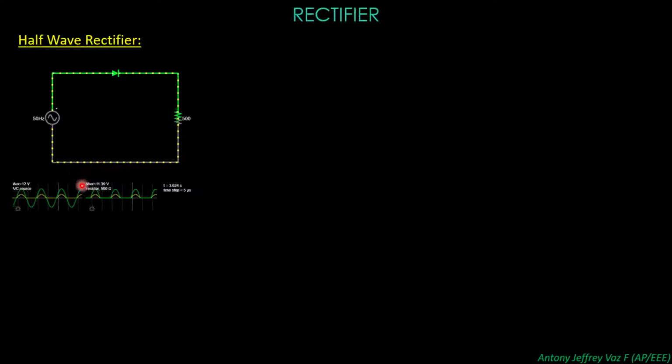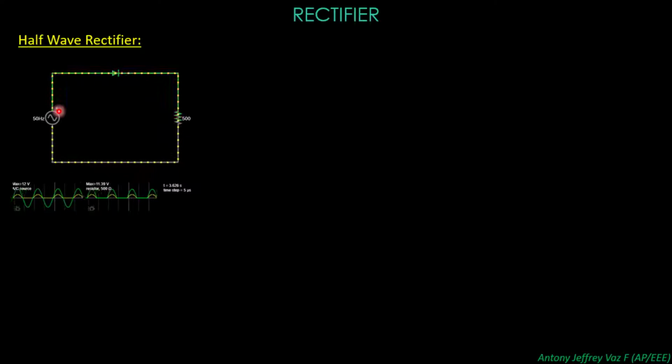Here you can see the positive half of the AC supply is repeatedly given to the diode. Once the positive supply is fed, the diode conducts, because now the diode is forward biased: the positive end is connected to the P junction and the negative end is connected to the load resistance, and the load resistance is connected back to the source.